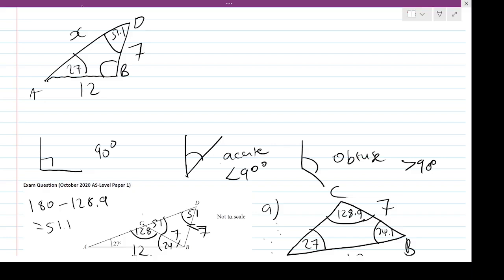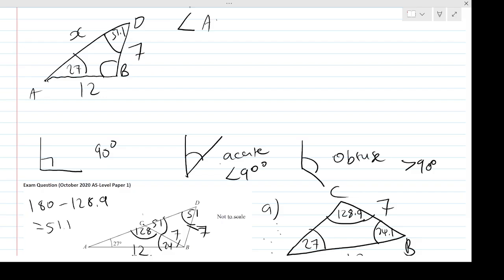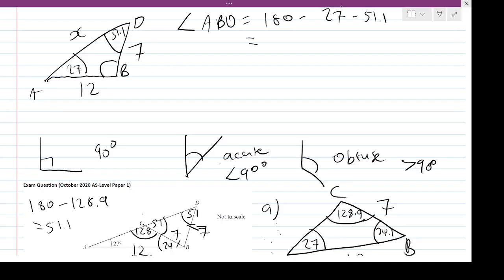I can work out the third one by doing: angle ABD is going to be 180 take away the other two, so 27 take away 51.1, which gets me 101.9 degrees. So then I can use the sine rule.